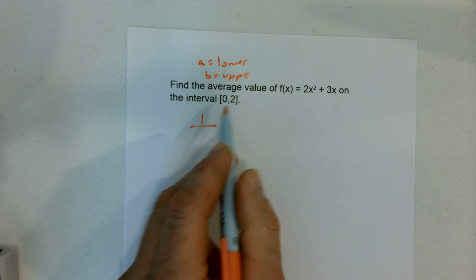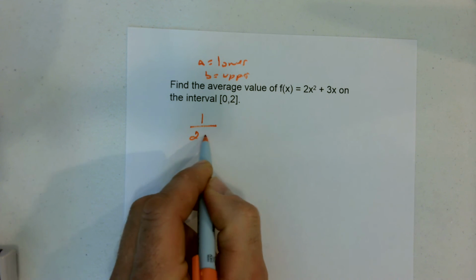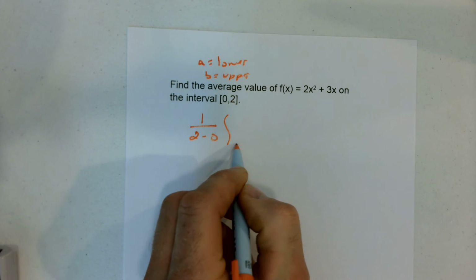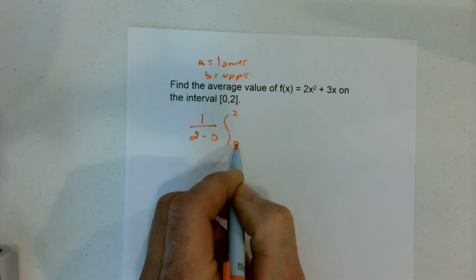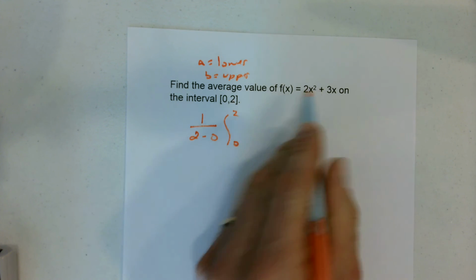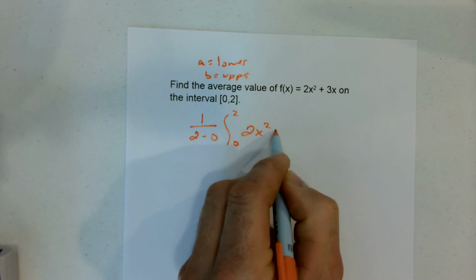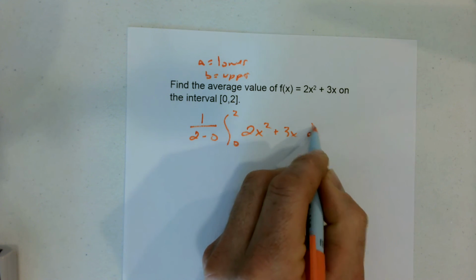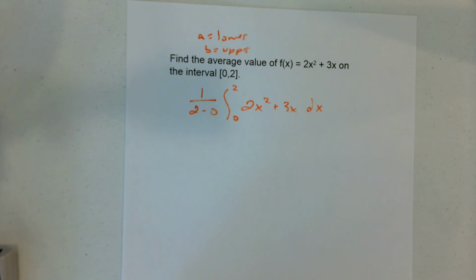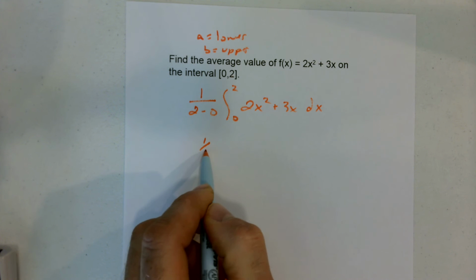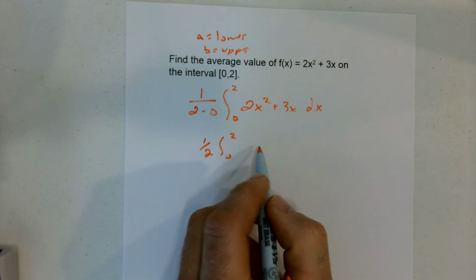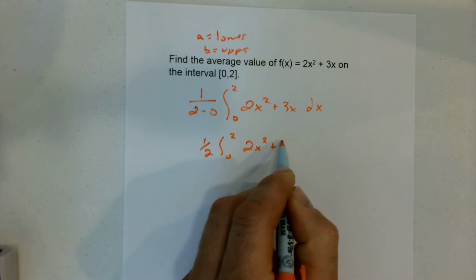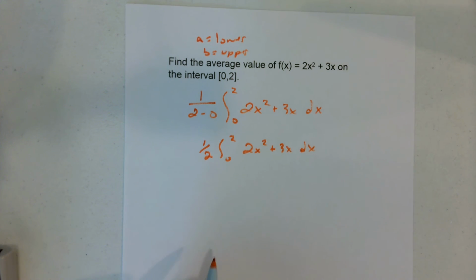So we have our 2 minus 0 integration from 0 to 2, again, always a to b, of the function 2x squared plus 3x dx. So we have a half integration from 0 to 2 of 2x squared plus 3x dx.